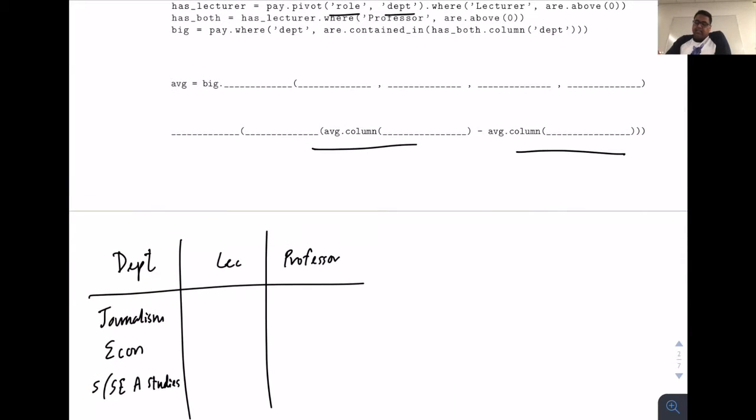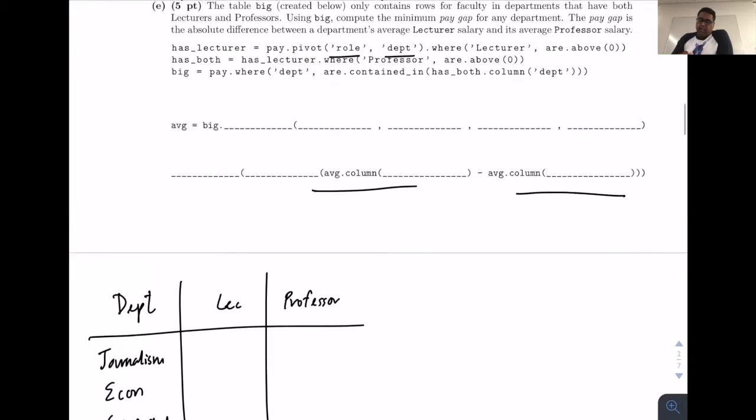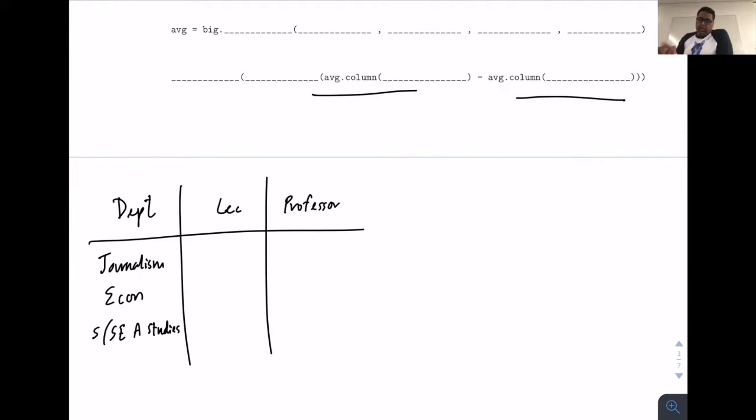Well, if we had some sort of chart that looked like this, where we have the average salary of a lecturer here and an average salary of a professor here for any given department, that would be pretty useful. So pretend we had some values A, B, C, D, E, F, where A is the average salary paid to a journalism lecturer, B is the average salary paid to a journalism prof, and F is the average value paid to a Southeast Asian Studies professor.